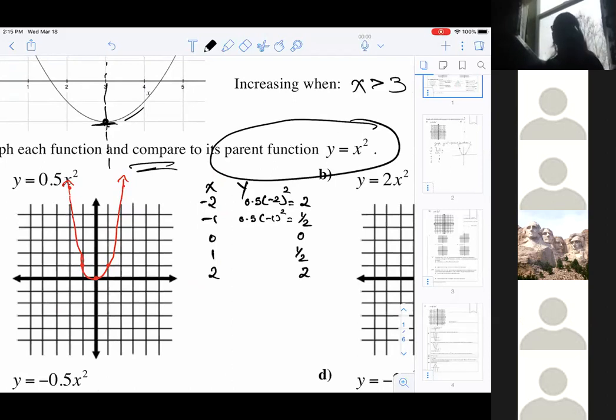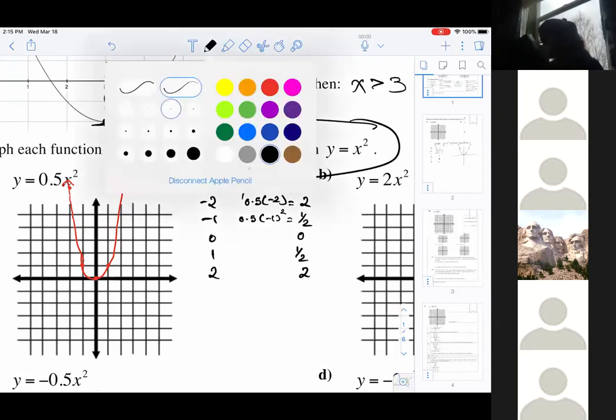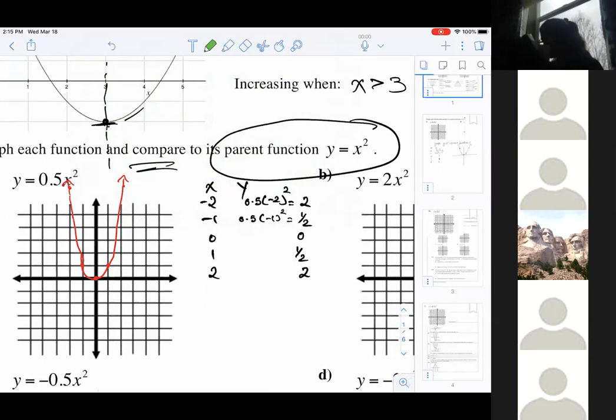Okay, now plot the new set of points, and then graph on, for example, graph number 1. At -2, it's actually 2 this time. Let's take green.